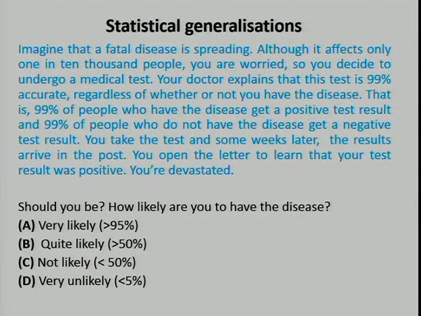Which means that 90% of the people who have the disease get a positive result, and also 99% of the people who do not have the disease get a negative result. That's just what 99% accuracy here means. You get a positive result, you're devastated, and the question is, how worried should you really be?